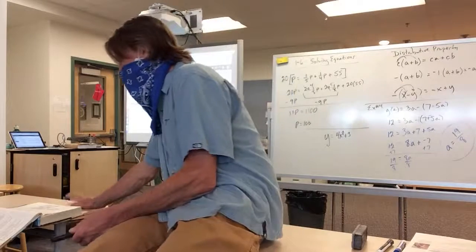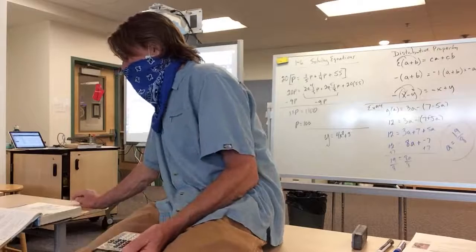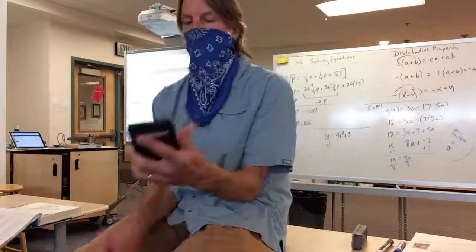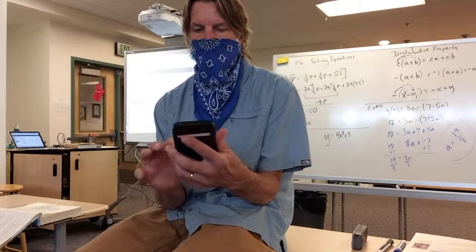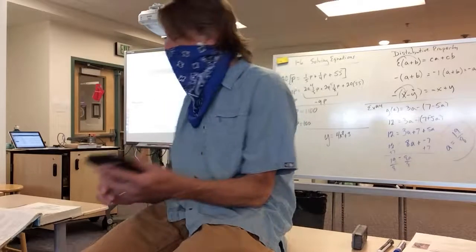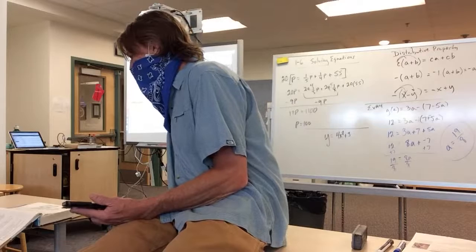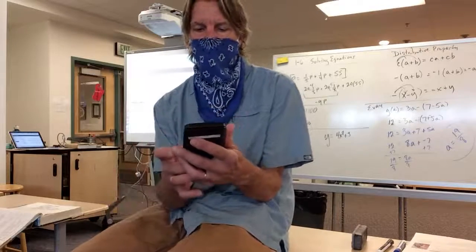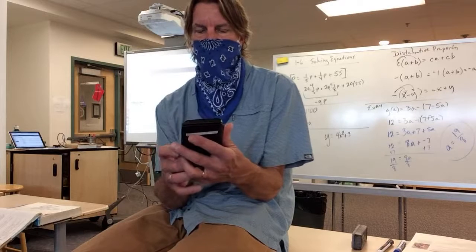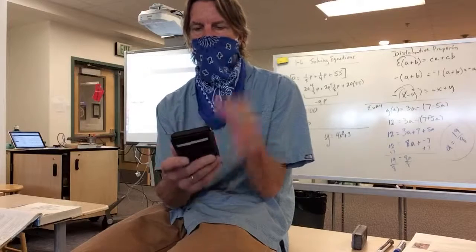And then we are supposed to do a window. It goes from negative 10 to 20 on the x-axis. And then pick what you think is an appropriate scale for the tick marks. And then take a look at what they want for the y.